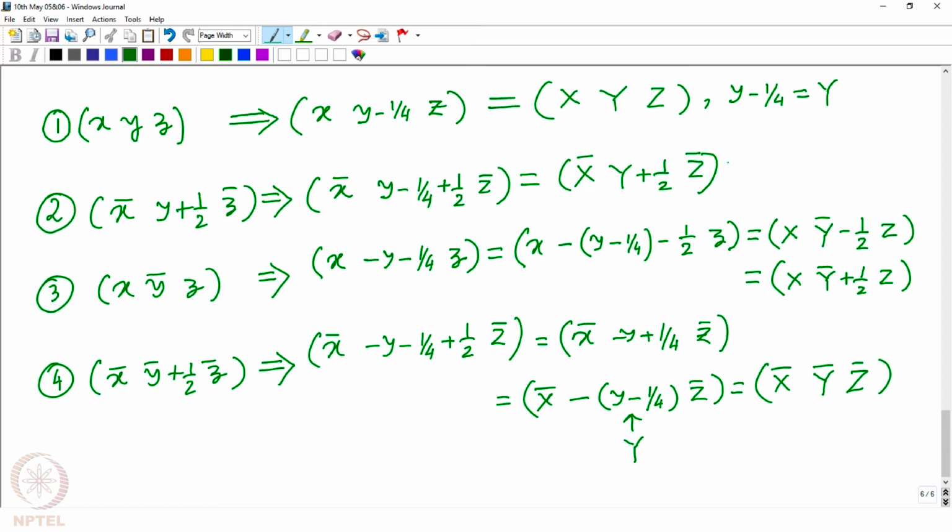So this point number 1 and 4 are inversion related.